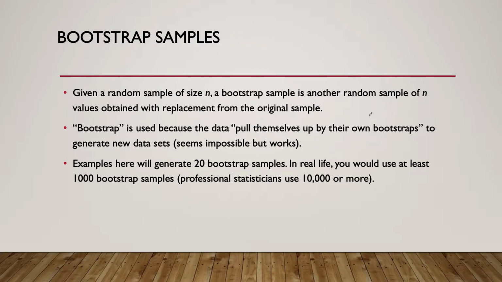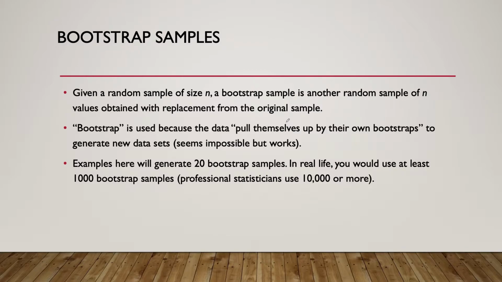Bootstrap samples: given a random sample of size n, a bootstrap sample is another random sample of n values obtained with replacement from the original sample. Bootstrap is used because the data pull themselves up by their own bootstraps to generate new data sets.